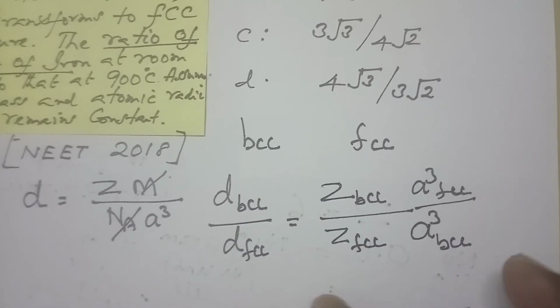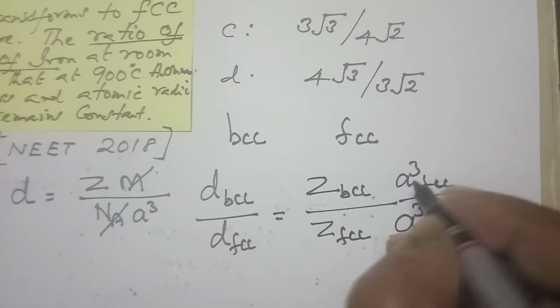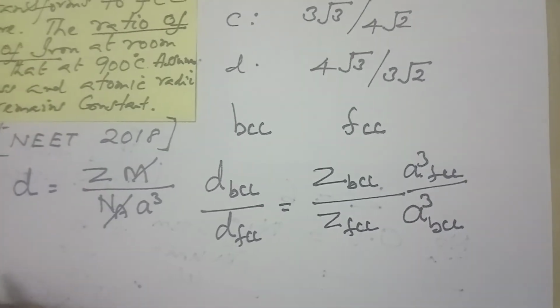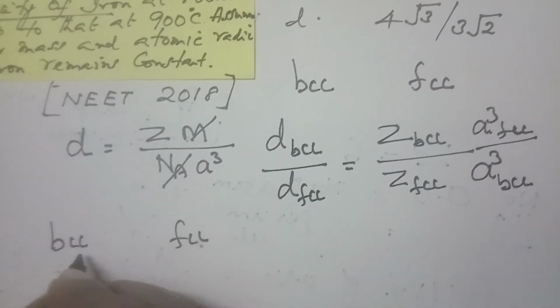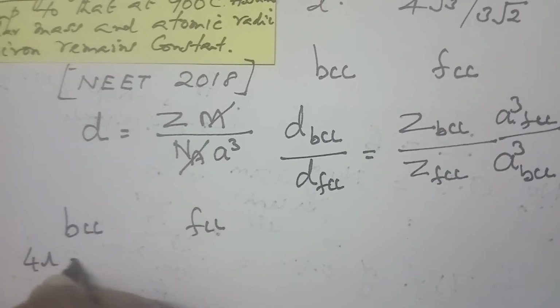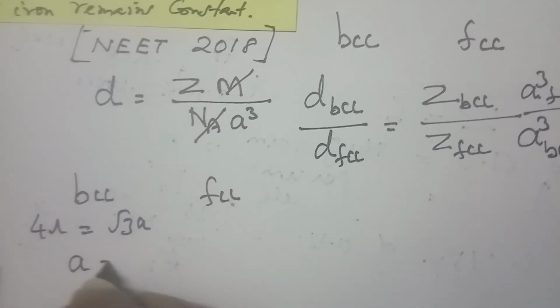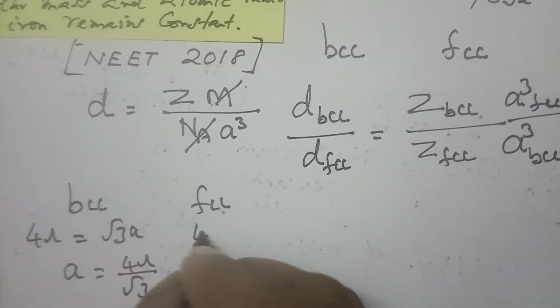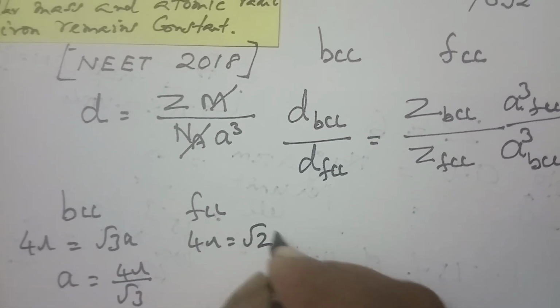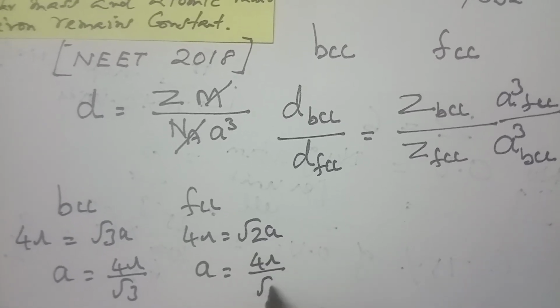Now we move to the next condition, which is to find the radius. Let me write BCC and FCC. In the BCC, 4r is equal to root 3 a, so a is equal to 4r by root 3. In the FCC, 4r is equal to root 2 a, so a is equal to 4r by root 2.